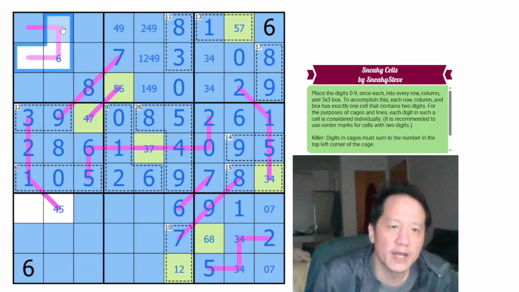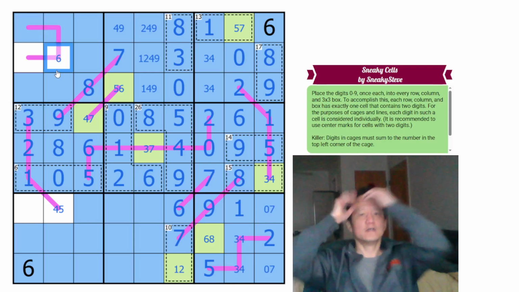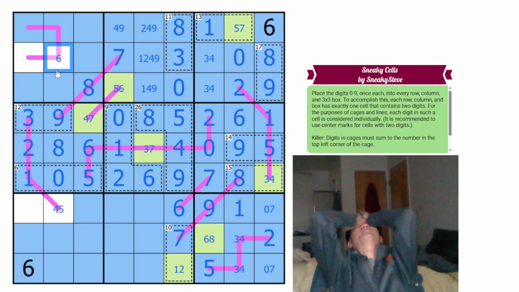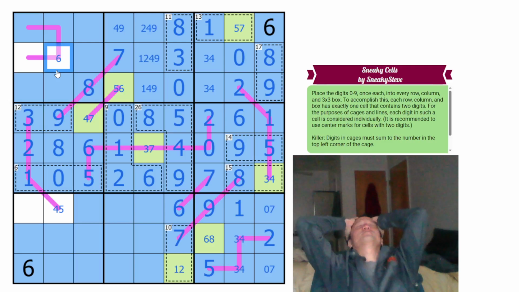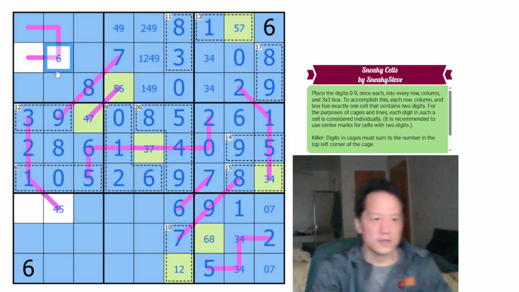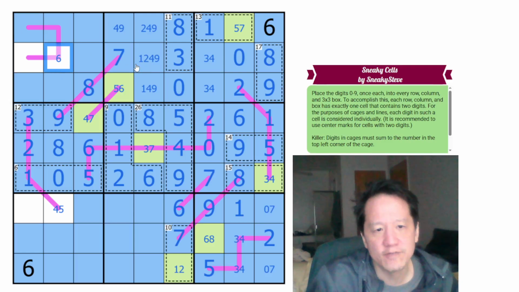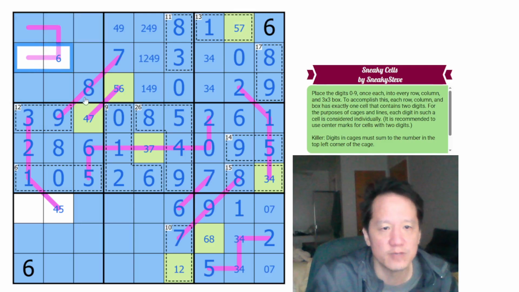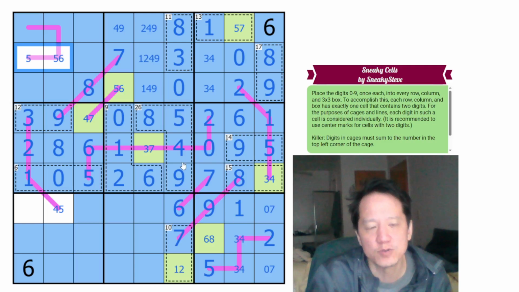This Renban cannot contain an 8, and it has a 6. So it's either 4, 5, 6, 7, 3, 4, 5, 6, or it could be 2 through 6. Either way, it has to have a 4 and a 5, though. And this can't be 5 because of this 5. So 5 has to be one of these two on this Renban.